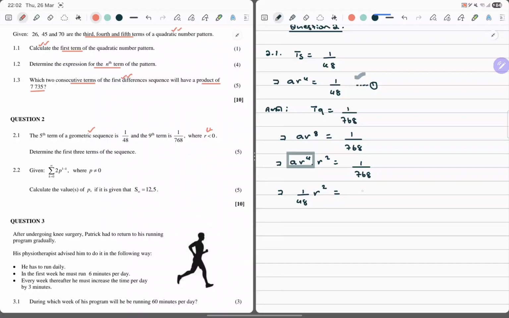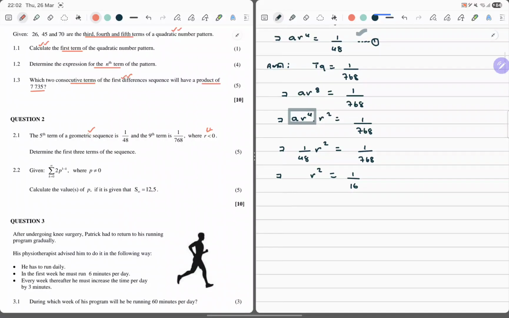R squared equals 1 over 768. If we divide by the 1 over 48, we get R squared equals 1 over 768 divided by 1 over 48. This gives us 1 over 16. So this implies we take the square root.